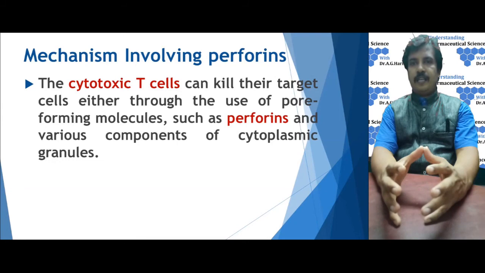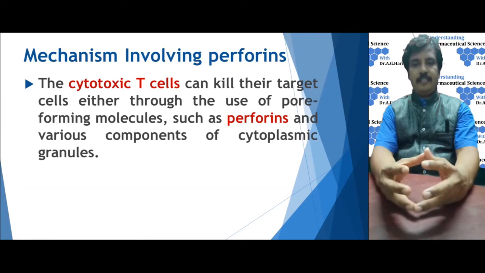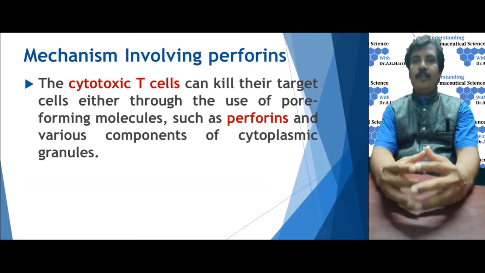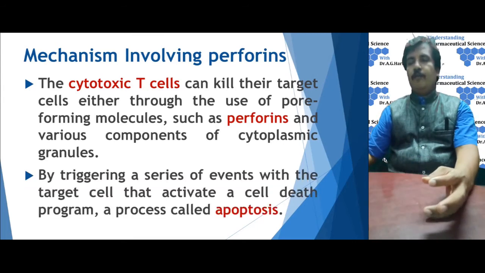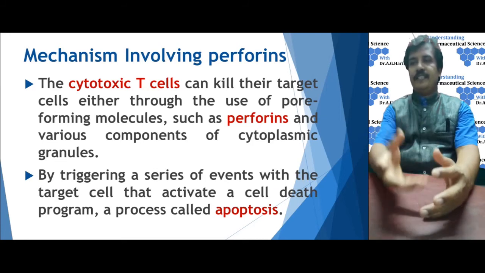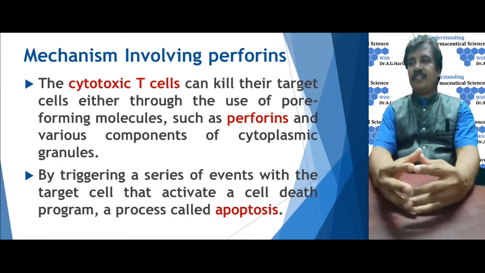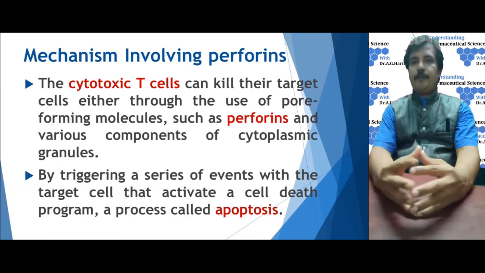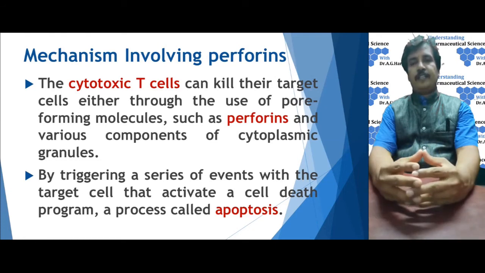This is a cytoplasmic granule present inside the TC cells in an inactivated form. Once it gets activated, it gets degranulated and is released. Once the perforin is released, it can trigger a sequence of reactions inside the infected cell and activate a process called apoptosis, that is the self-death destruction of the cell.